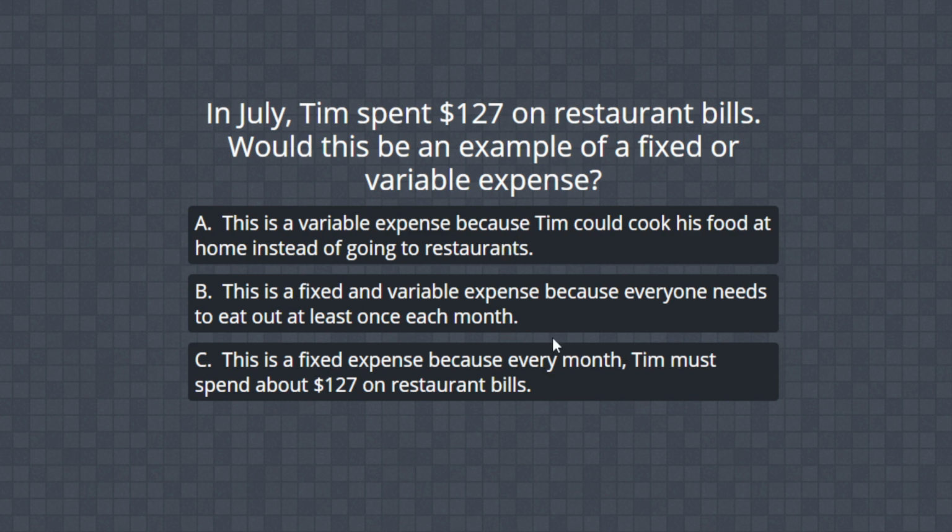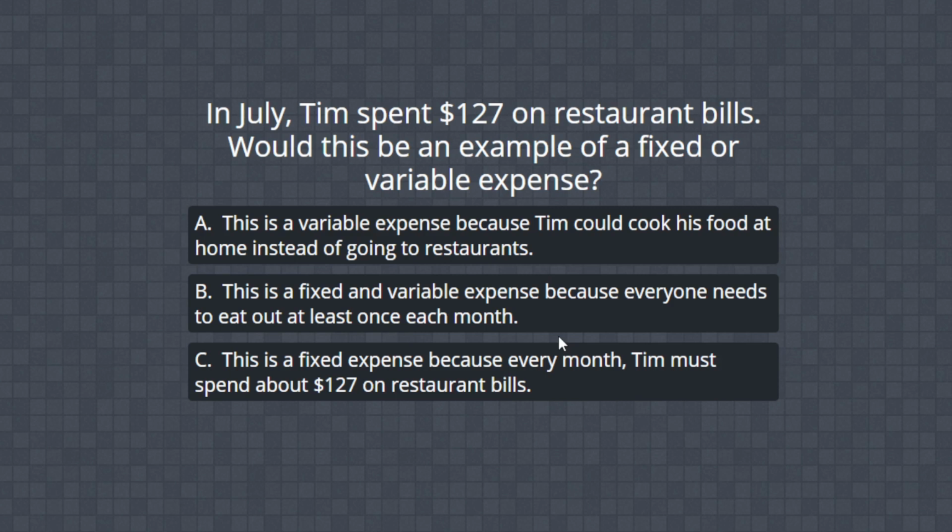B, this is a fixed and variable expense because everyone needs to eat out at least once a month. Okay, you don't need to eat at a restaurant once a month. My family, the last time we went to a restaurant to eat, my whole family, was three years ago for my mom's birthday. So we don't go to restaurants very much.